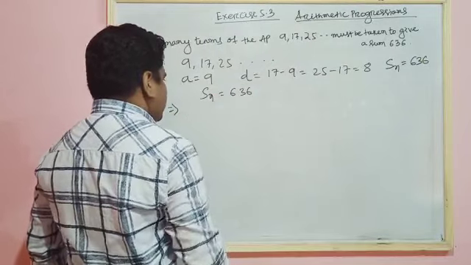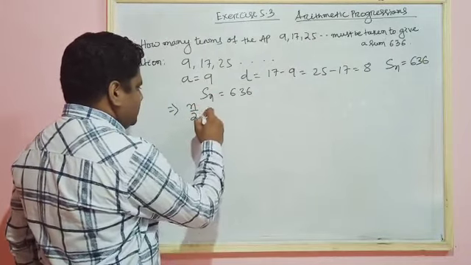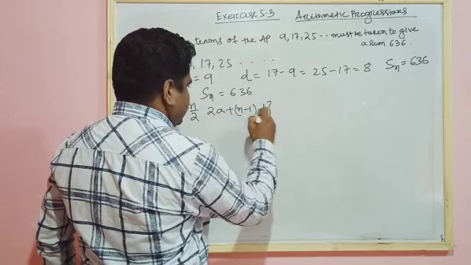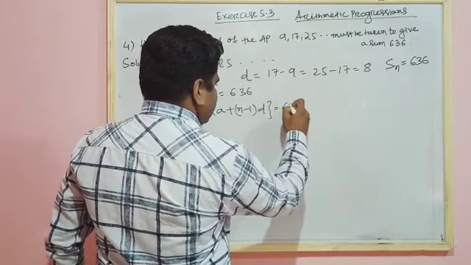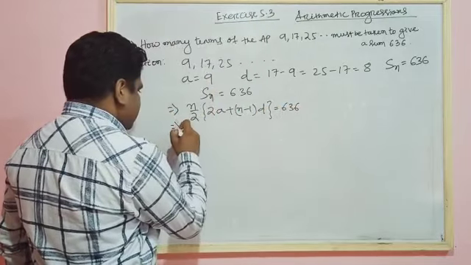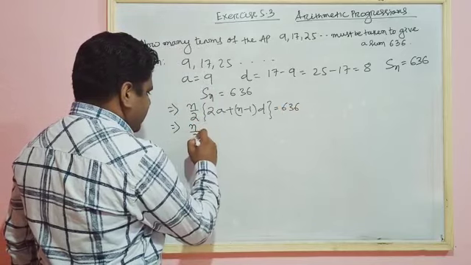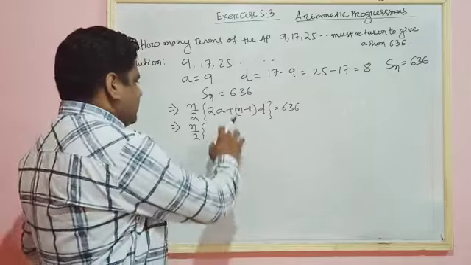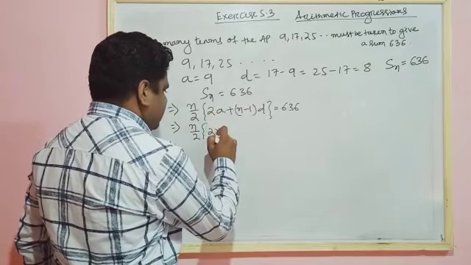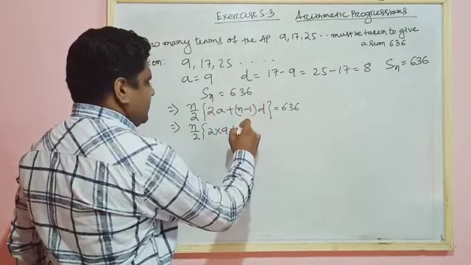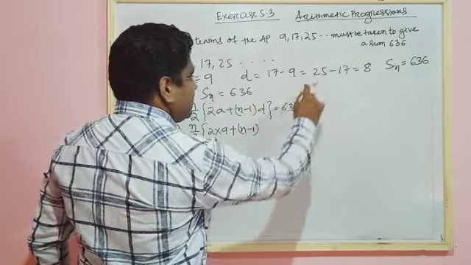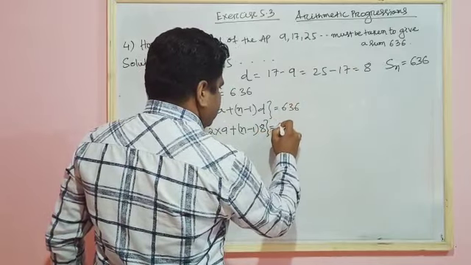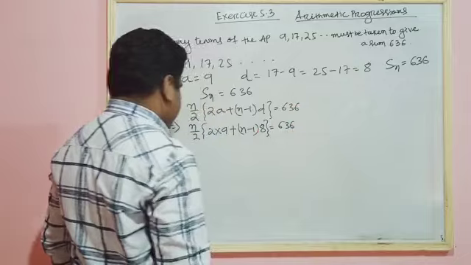In place of Sn we will write n by 2 into (2a plus (n minus 1) into d) equal to 636. This implies that it will be n by 2. We can put the value of a and d. In place of a we will write 9 and in place of d we will write 8, equal to 636.